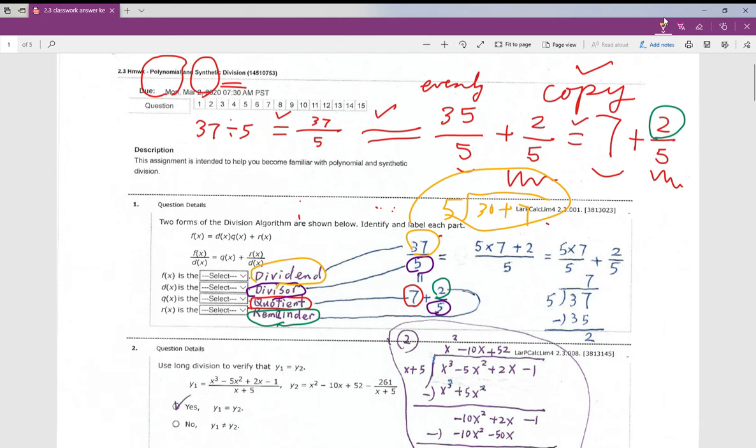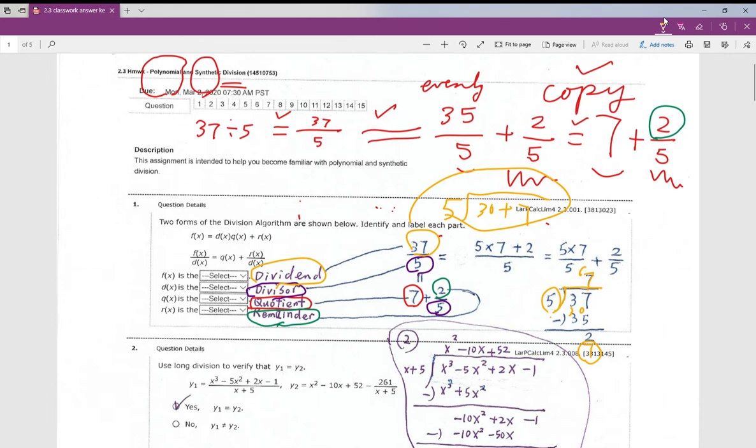Similar to long division, 37 divided by 5: 5 times 6 is only 30, and 37 take away 30, the remainder is 7. 7 is greater than 5, so you need to choose a bigger number, which is 7.